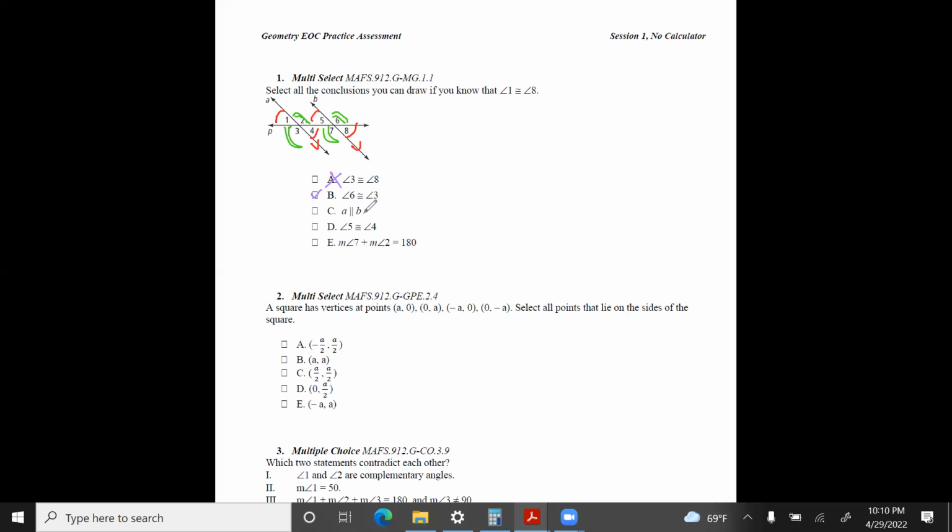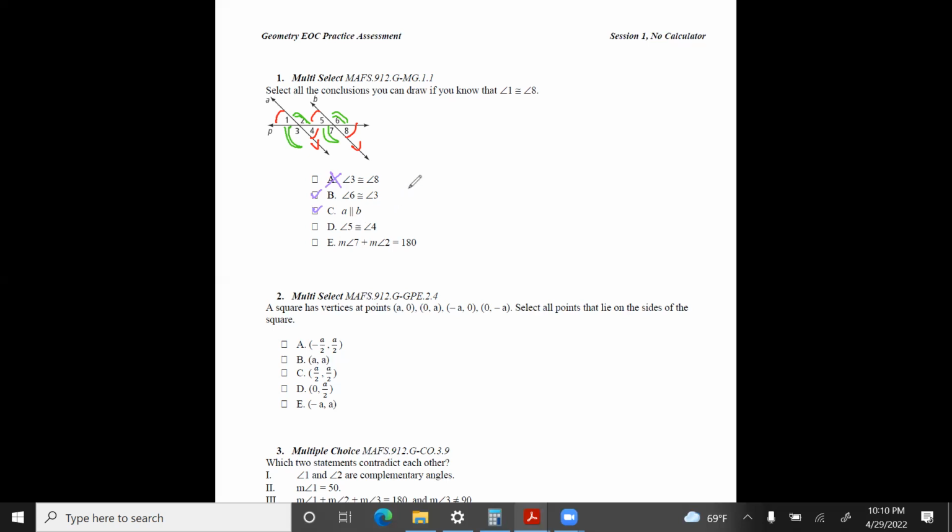C, A and B are parallel. That's correct. Again, the reason they're parallel is that angles 1 and 8 at the beginning were marked as congruent, which means these were alternate exterior angles. If alternate exterior angles are congruent, then the lines are going to be parallel. So that one definitely worked.